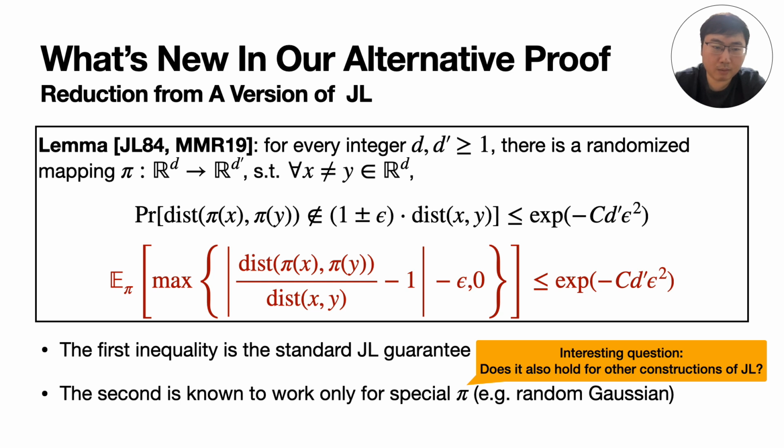This second guarantee is not too strong, since the standard Gaussian version of Johnson-Lindenstrauss construction satisfies this property. However, it is an interesting question to see whether this second property also holds for other variants of Johnson-Lindenstrauss, such as the sparse Johnson-Lindenstrauss and fast Johnson-Lindenstrauss.